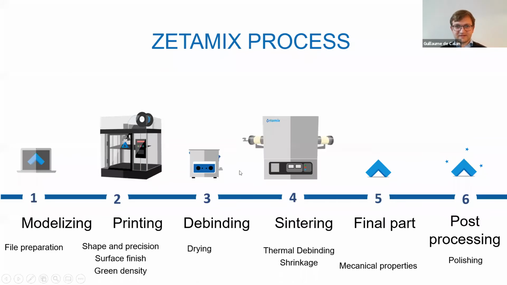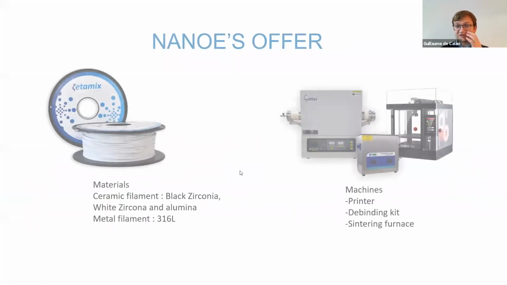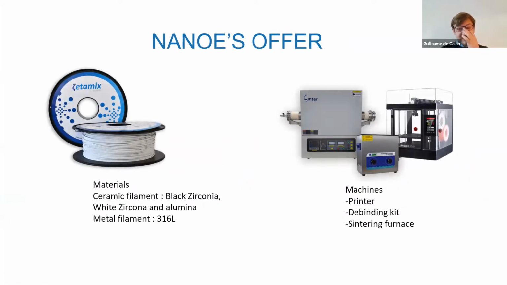Just to make this really clear, because we have a lot of questions about this: NANOE, again, is a raw material supplier. The core of our offer is the raw materials, filaments of zirconia, alumina, and stainless steel. But we also offer a package of machines which allows you to use our materials, including a printer, debinding kit, and sintering furnace.